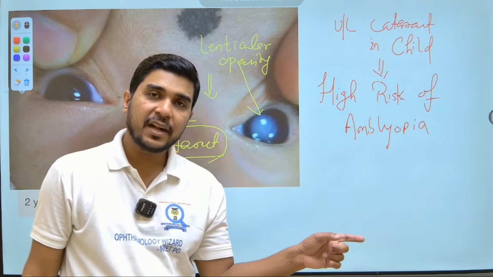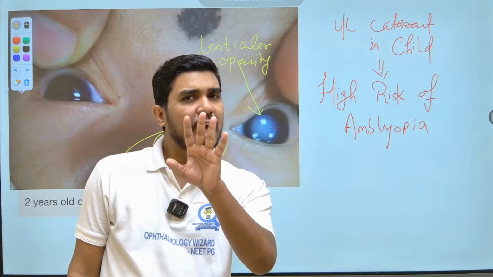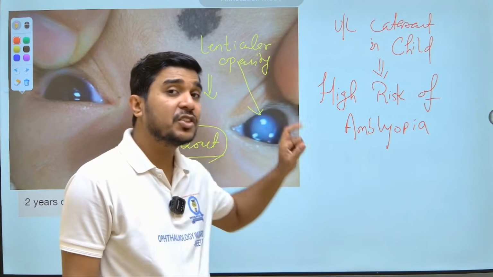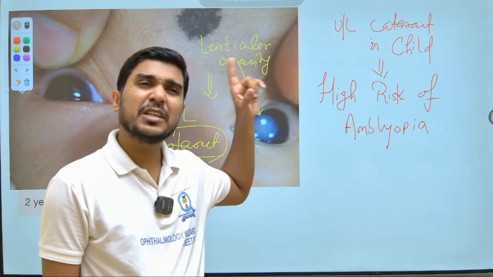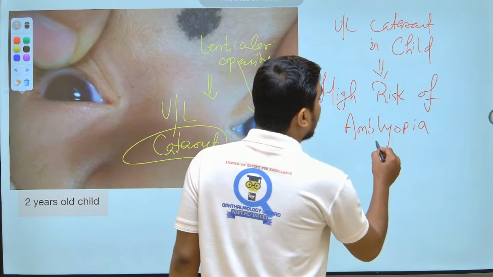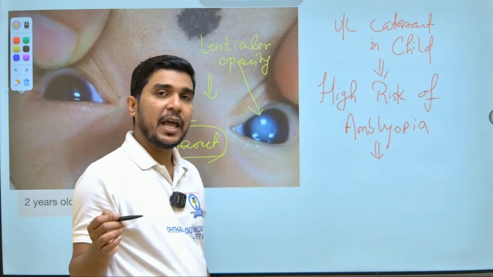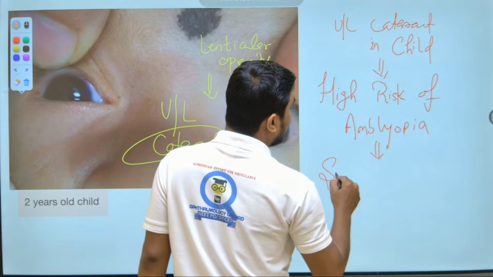If the patient has bilateral cataract, chances of amblyopia are there, but not so fast. But if the patient has unilateral cataract, then the chances of amblyopia are very high, very fast. So you need to prevent the amblyopia as soon as possible. And how are you going to do that? Surgery.